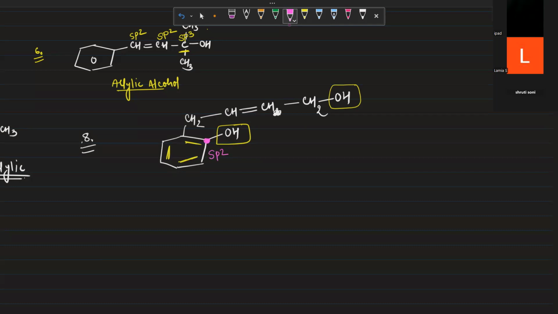One, two, three. But I thought there was a hydrogen. Oh, sorry, never mind. It has a double bond. So whenever a carbon has a double bond, it will be sp2. If there is a double bond, it will surely be sp2 hybridization.